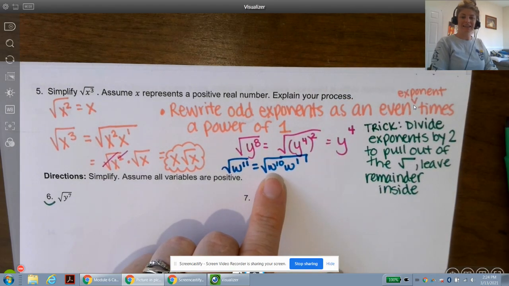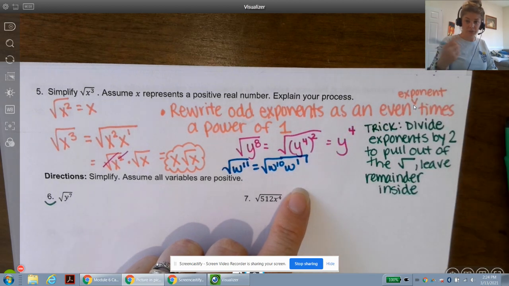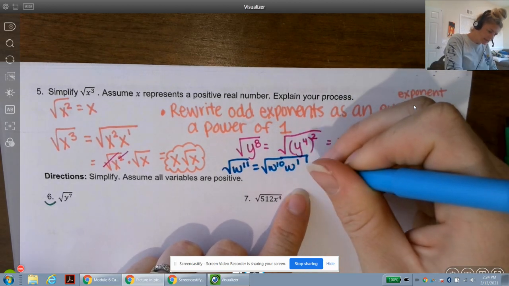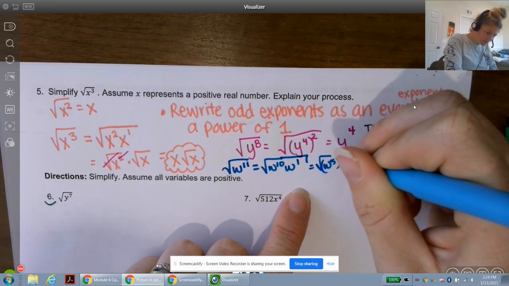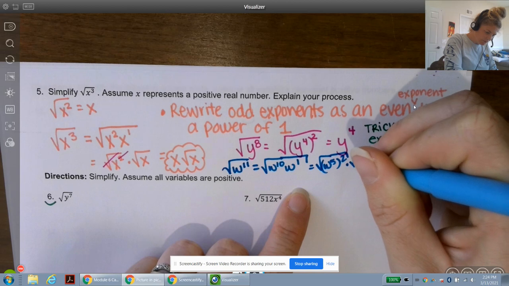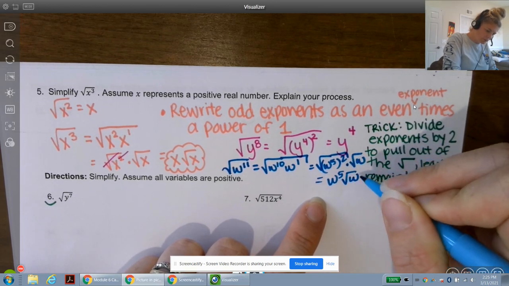Because w to the 10th is even, I can divide it by 2. Think about w to the 5th squared would be w to the 10th. Square roots and squares are inverse operations. So this could be square root of w to the 5th squared times square root of w. So this is equal to w to the 5th square root w.